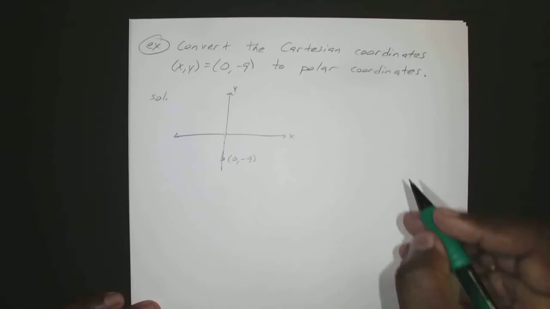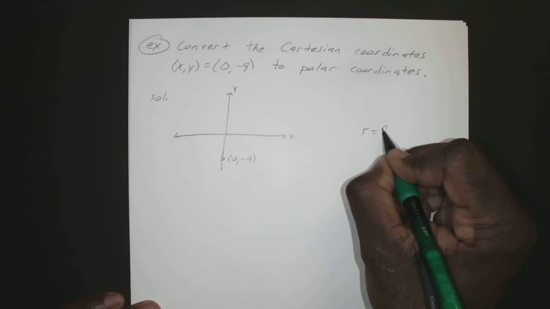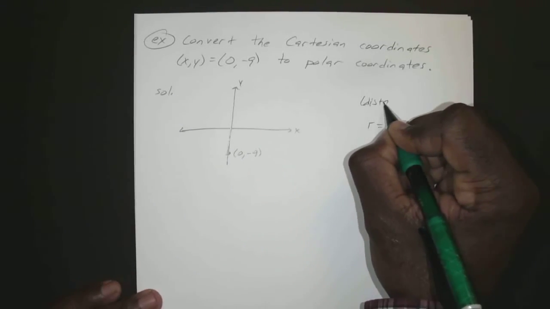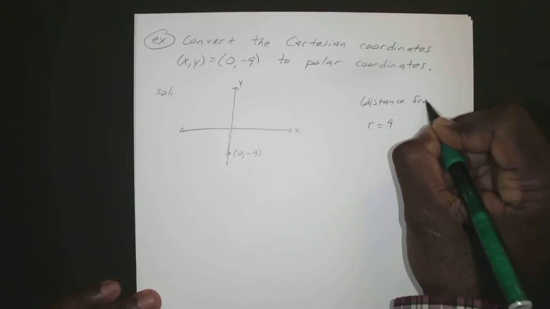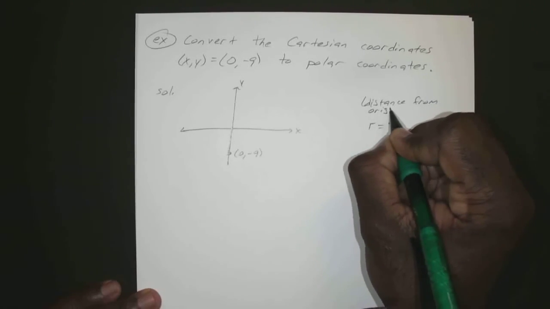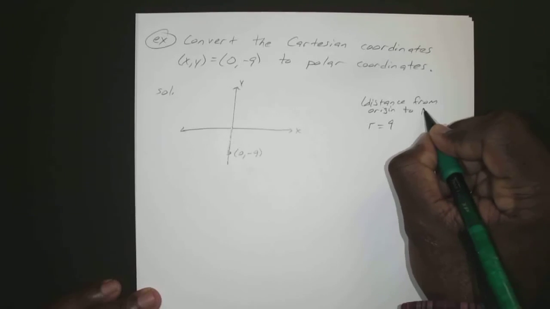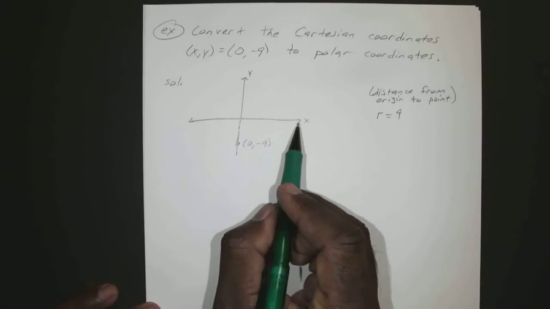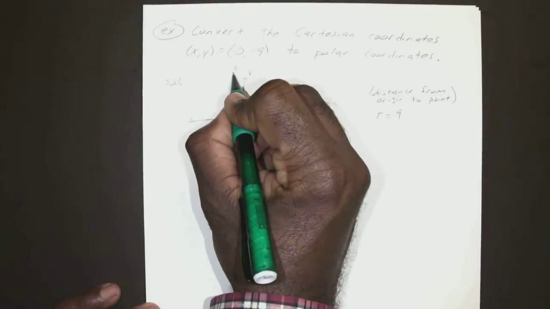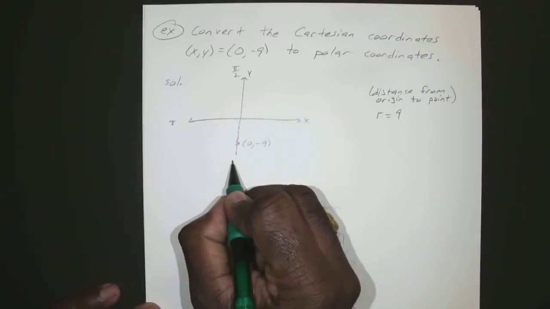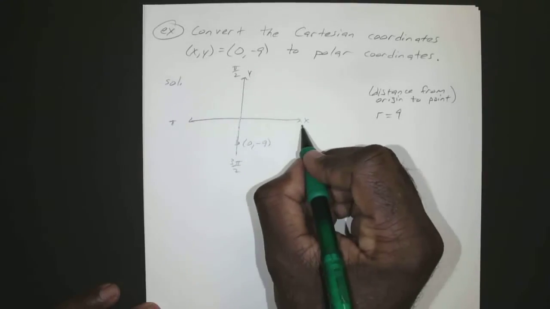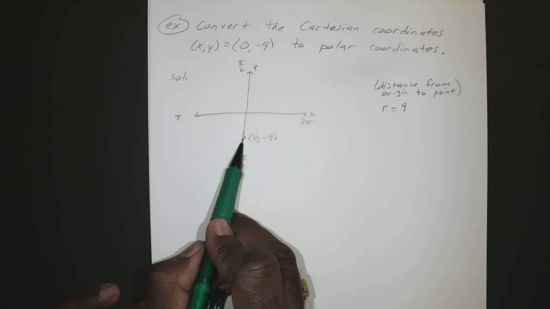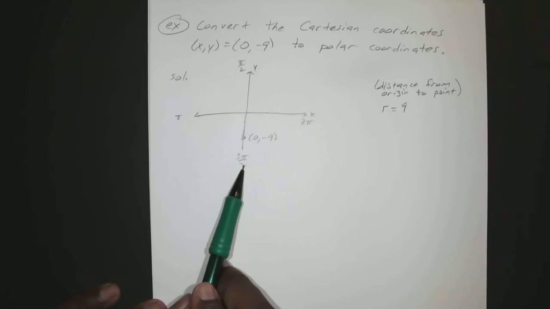So that means your radius would have to equal 9, from the origin to the point. And also, if you remember, this is pi over 2, pi, 3 pi over 2, and a full circle is 2 pi. Since you're on the y-axis, your theta is equal to 3 pi over 2.